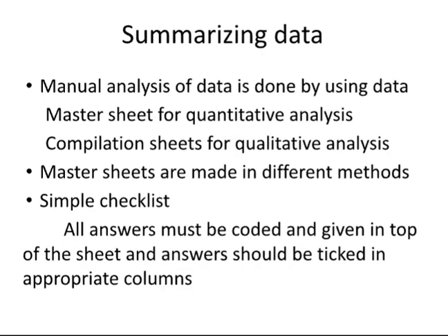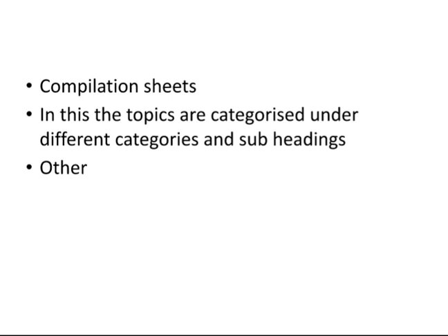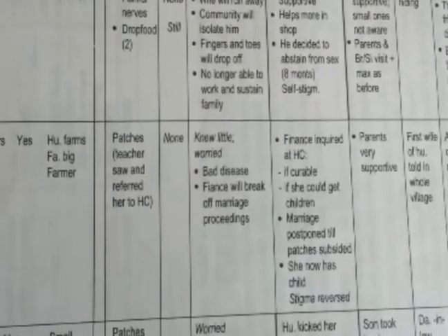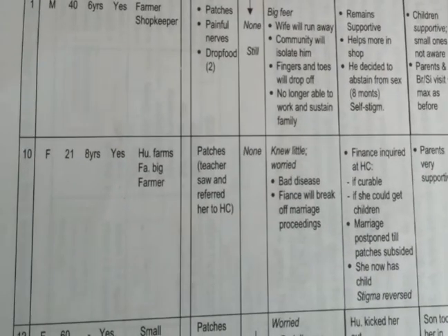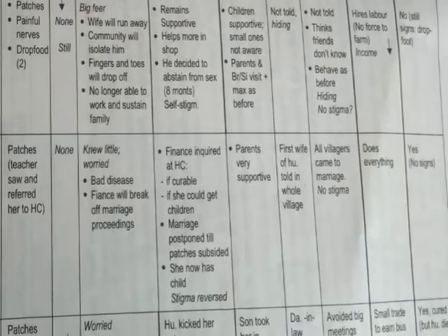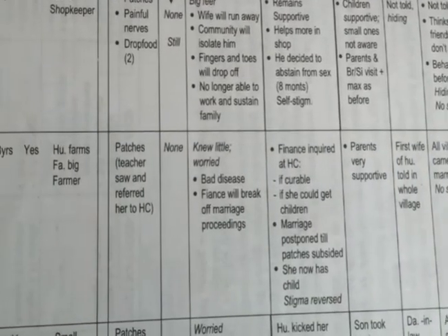As I said, you can either make a master data sheet, or a simple checklist by coding under each category, or you can make it with a table or with graph or chart representations. This is a compilation sheet, because you will be making it for your research.